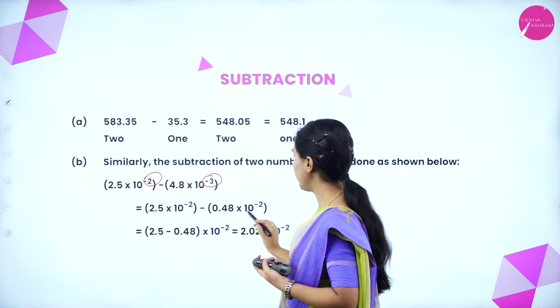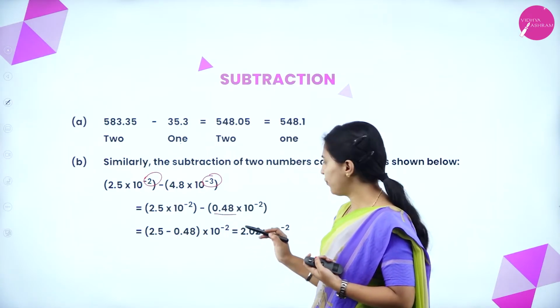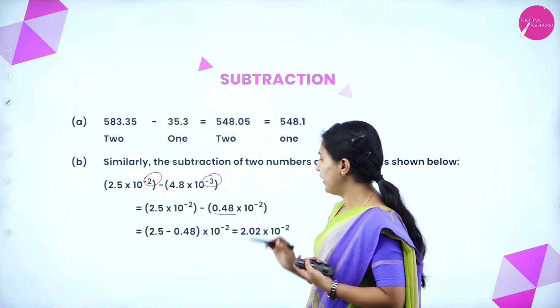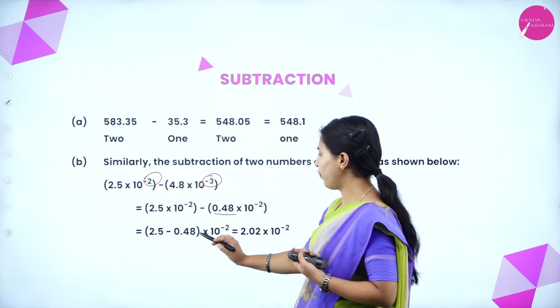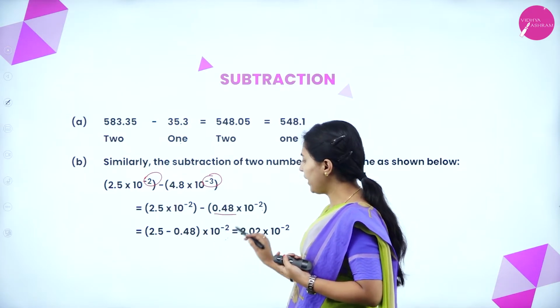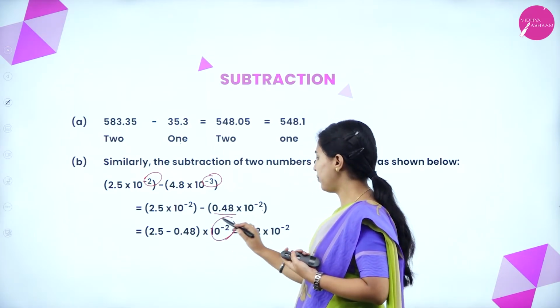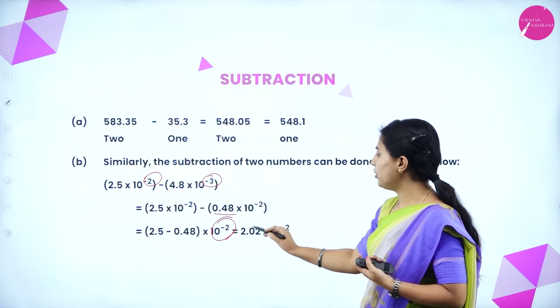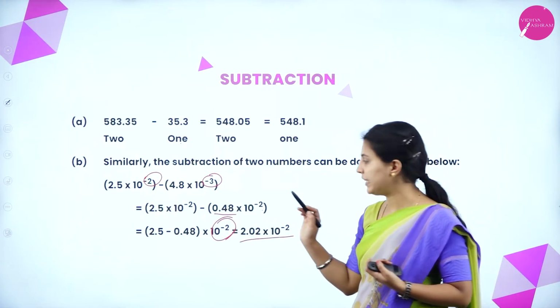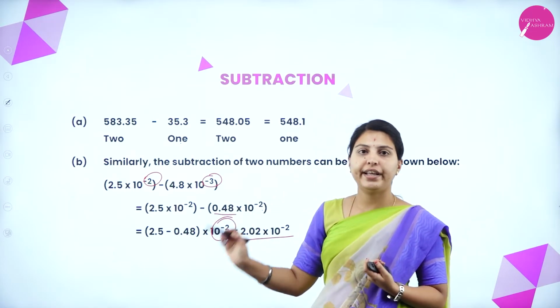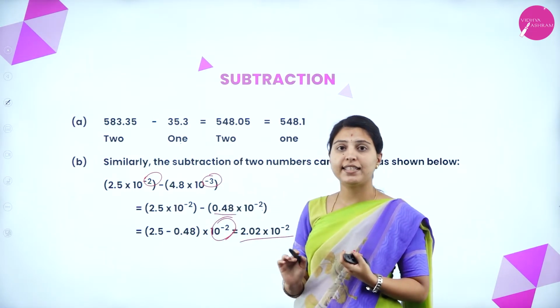That's what they are doing here, conversion. 0.48 it will become minus 2. Then you can do 2.5 minus 0.48. You have to take 10 to the power minus 2 as common, then 2.02 into 10 to the power of minus 2. You should not multiply here. You should just keep the exponent the same.